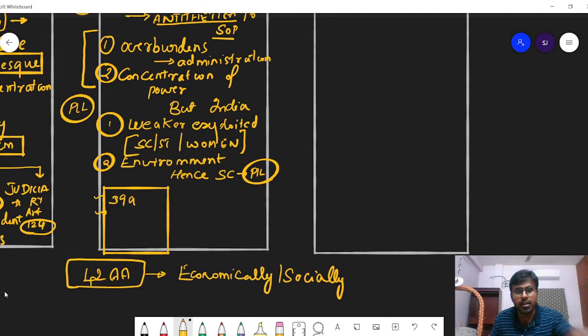That is the DPSP. Next, Articles 32 and 142. What they say is that this is a Supreme Court article. If there is anything in front of the Supreme Court needing justice, the Supreme Court is well within its boundary to give justice by whatever measure it thinks fit.